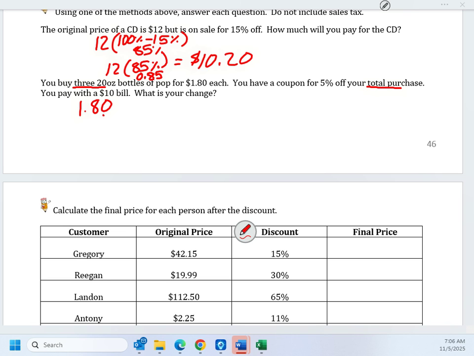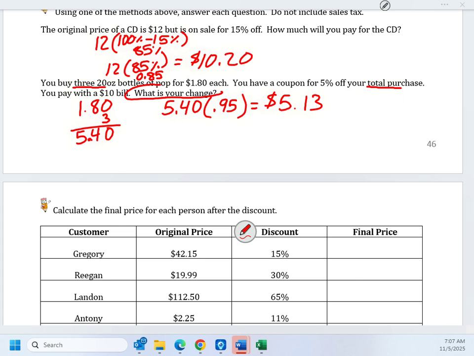So 3 at $1.80 each. You need to multiply that $1.80 by 3, and we get $5.40. Now we can find that 5% off. So $5.40, 100% minus that 5%, multiplying it by 95%, 5.40 times 95% is $5.13. Oh, we are not done.